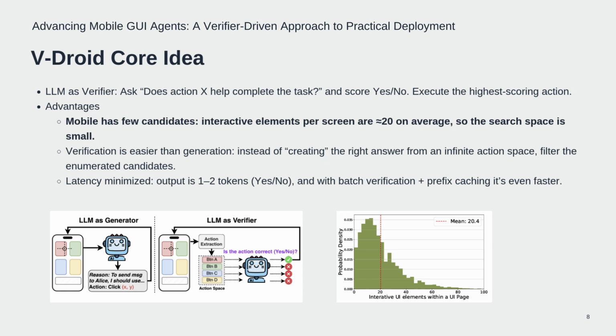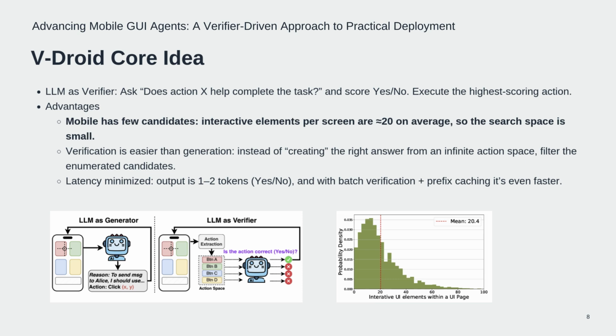The second one is that verification is easier than generation. This is the fundamental insight. Instead of asking the model to create the correct action out of thin air, which is hard because the space of possible actions phrased in natural language is huge, we ask it to judge given actions. It's much easier for a model to recognize a correct action when it sees it than to come up with it from scratch.